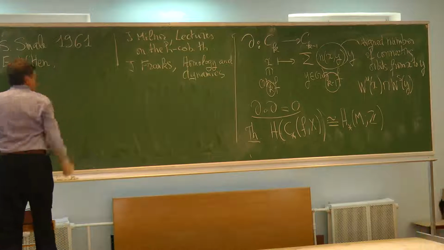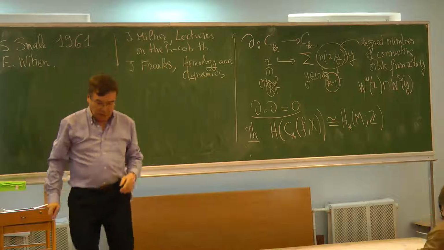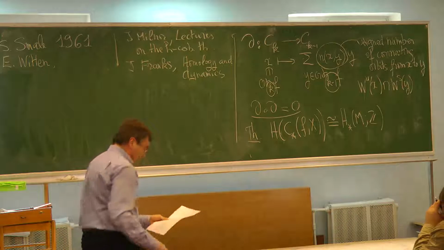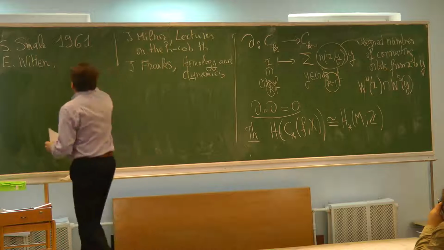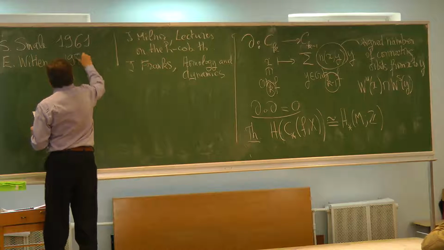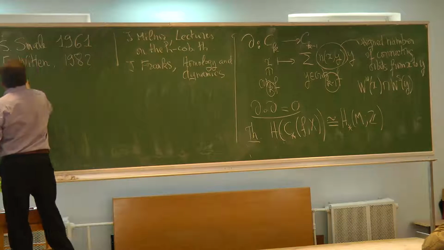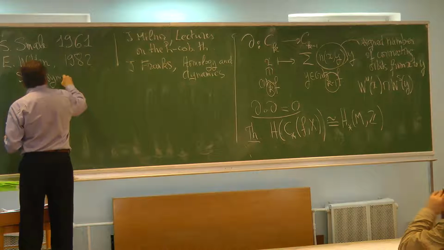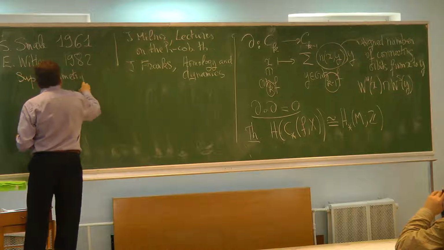The famous paper which appeared in the Journal of Differential Geometry in 1982, whose title is Supersymmetry and Morse Theory.